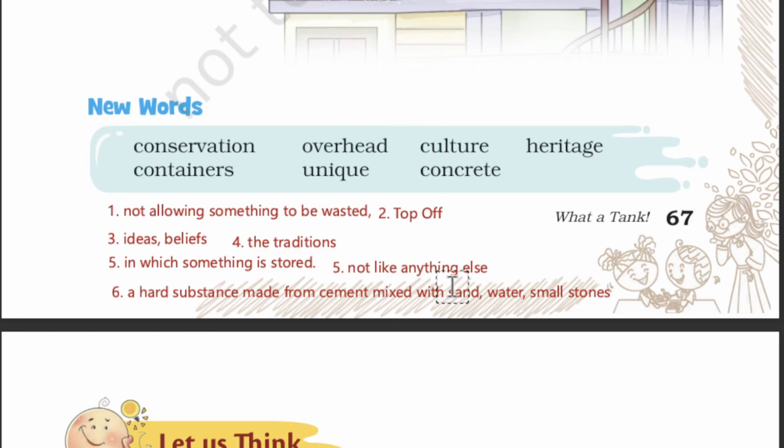Culture is beliefs or ideas. Heritage is tradition. A container is something in which something is stored. Unique is very particular, not like anything else. Concrete is a hard substance made of cement mixed with sand, water and small stones.